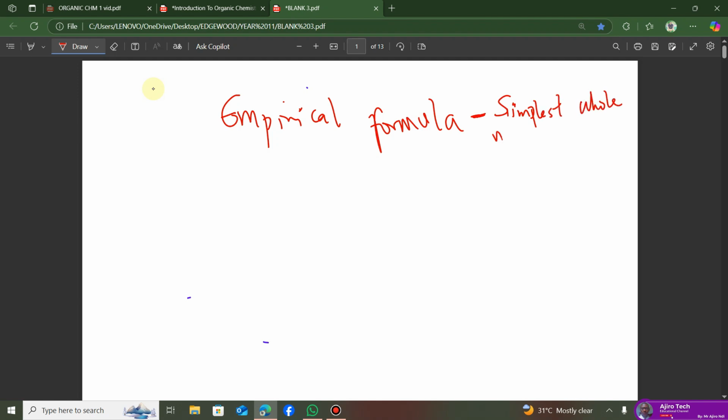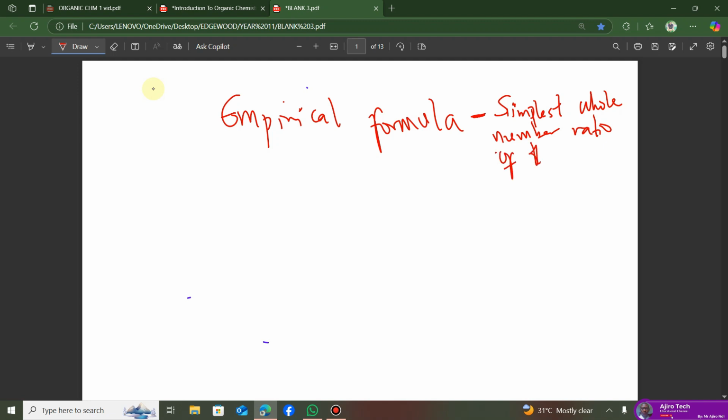So first, let's look at some formulas or some representations of this organic compound. There's the first one, we have the empirical formula. So the empirical formula definition is important. It's a formula that shows the simplest whole number ratio of the atoms in the molecule of the compound.